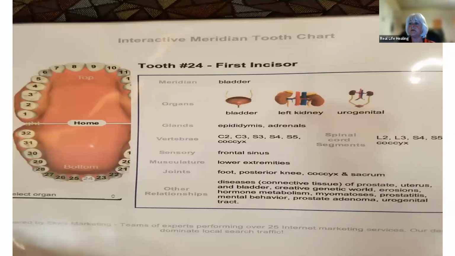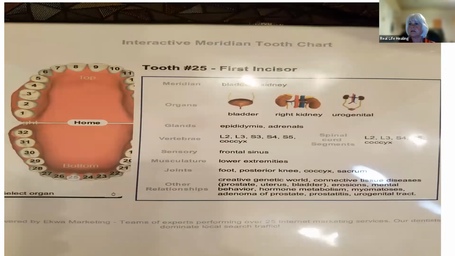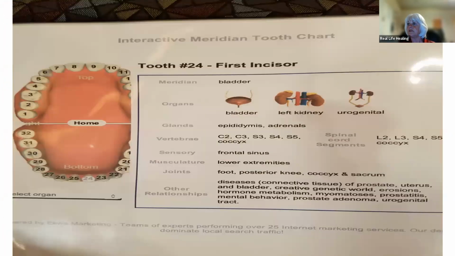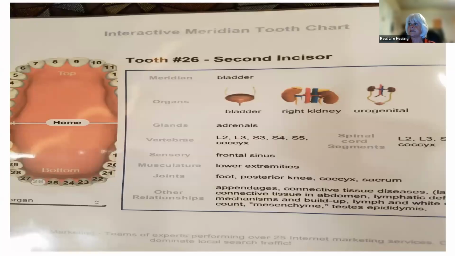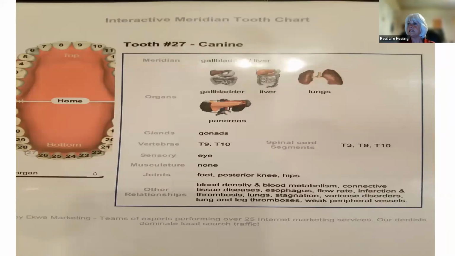Down to the very bottom, 24 and 25, it's going to be interesting to see if those two down here are the same as your two top teeth. Let's see, so that's 25. Yep, pretty close. 26. 27.